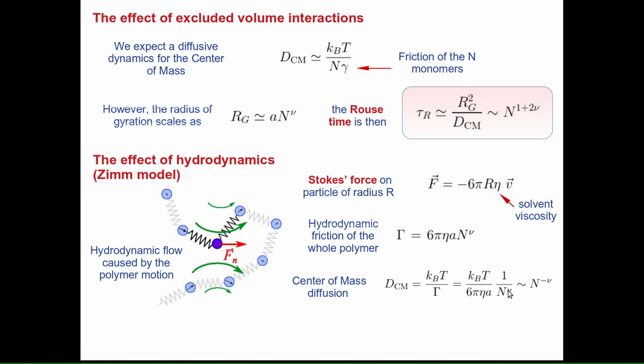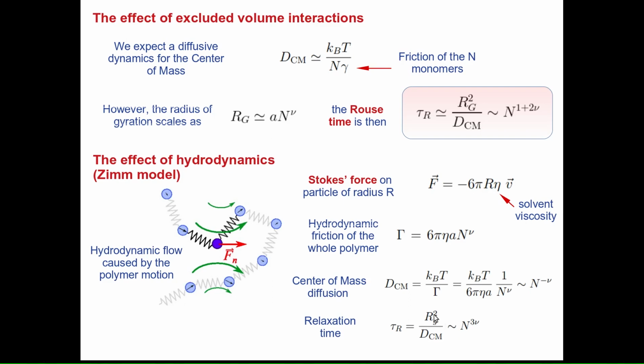Now, I use a similar relation to deduce the relaxation time. Actually, I should have put a quasi-equality sign, since this is just a scaling relation. Again, the same reasoning: radius of gyration squared over the diffusion of the center of mass. The radius of gyration squared does not depend on the dynamics; it is an equilibrium property.